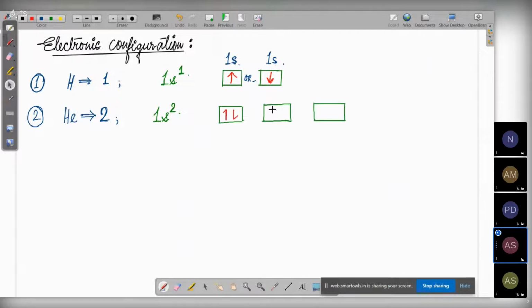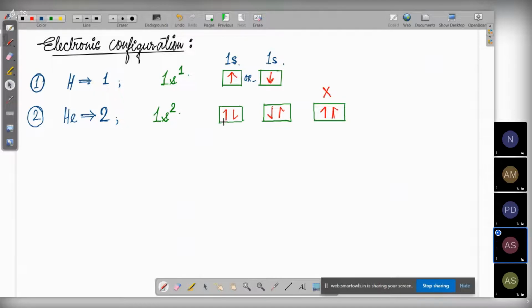Or you can do the opposite, that is first down, then up also. Or someone of you might say that I want to show it in this way, that both are upside arrows. Both the arrows are upward. But this is not possible. This is not a correct structure. Why? Let's see.